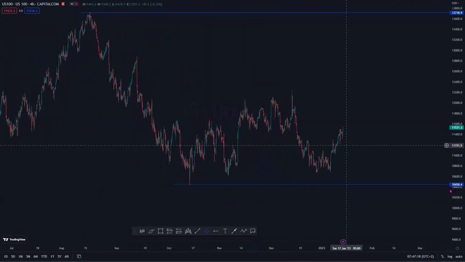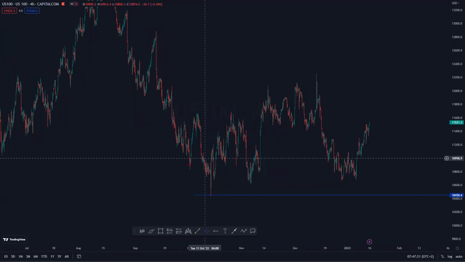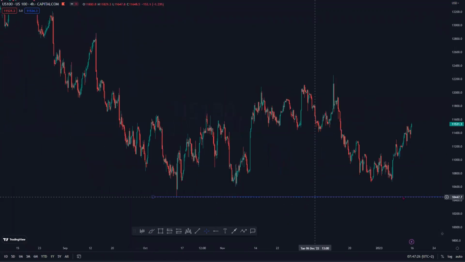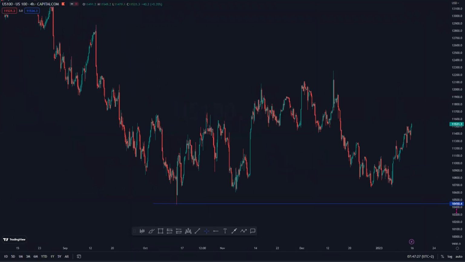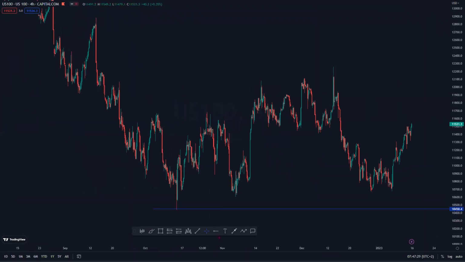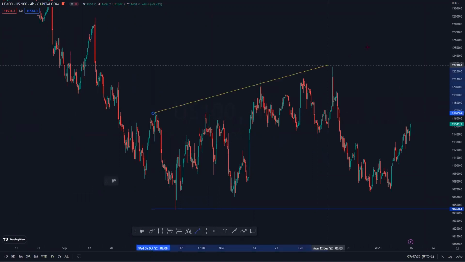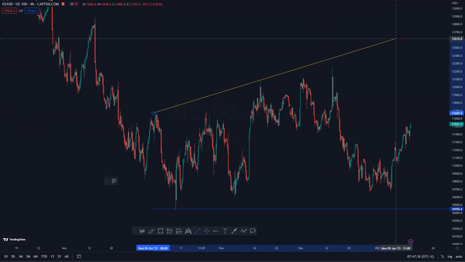So if you're used to trading indices and you don't find anything but you want to trade, go to currency pairs and increase your lot size if you see they are not volatile, and you will see what I'm talking about. So let's see what we find on Nasdaq.